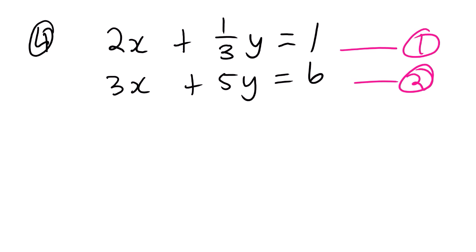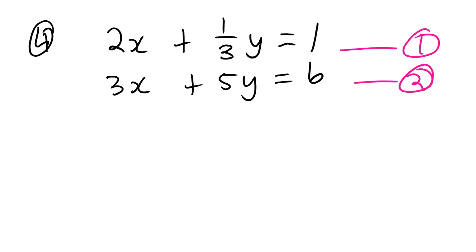It doesn't matter which equation you choose in this case. As you can see, both of them are a bit complicated. Now this is what we need to do. We can choose equation 1 and make y the subject of the formula, or make x the subject of the formula, or we can choose equation 2.